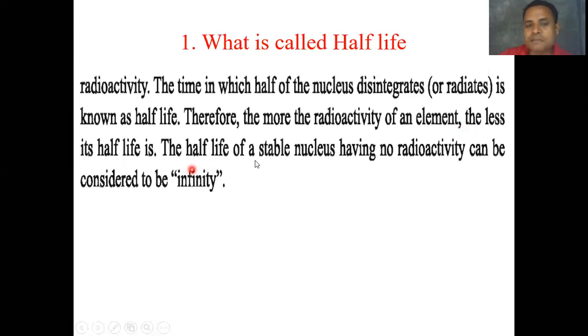The half-life of a stable nucleus having no radioactivity can be considered to be infinity. That means if the half-life is more, the radioactivity of that element is less, and it will disintegrate less. And if the half-life is less, it can be broken very fast. That is the meaning of half-life.